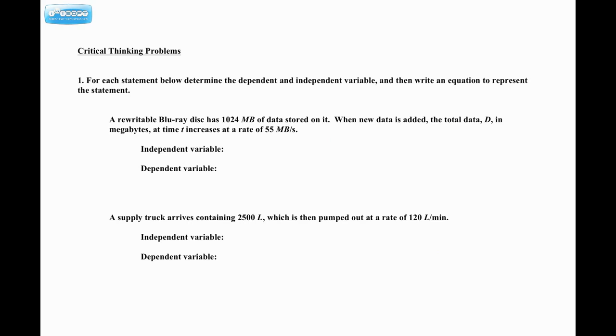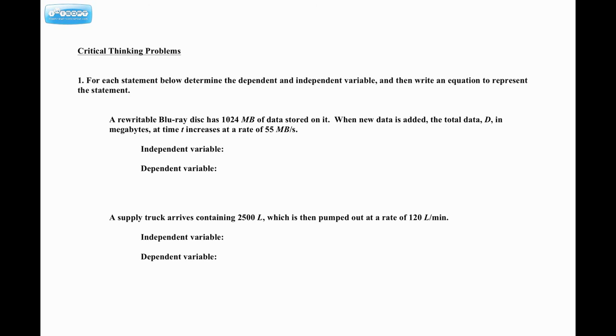All right, so the first critical thinking problem. For each statement below, determine the dependent and independent variable, and then write an equation to represent the statement. So, first situation, we have a rewritable Blu-ray disc. Contains 1024 megabytes, which is actually 1 gigabyte, of data stored on it.